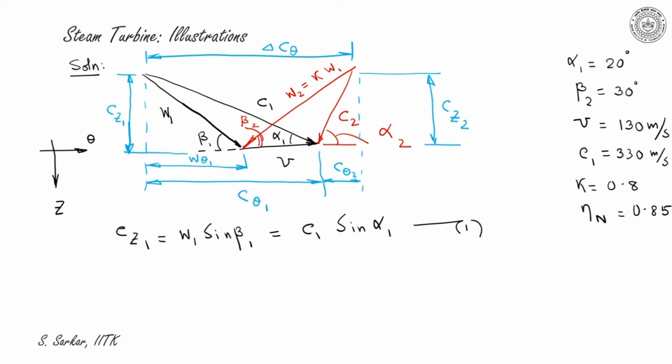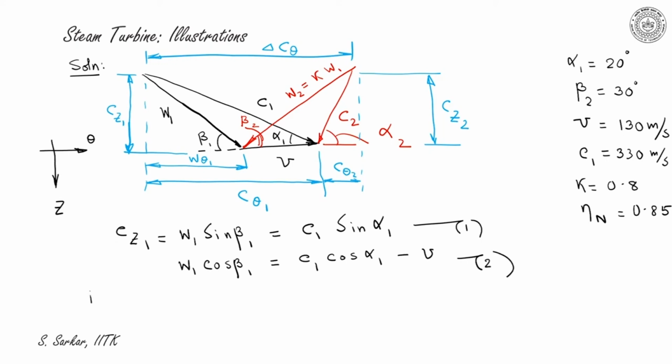Furthermore, I can write W theta 1 should be equal to C theta 1 minus U from the velocity triangle. So I can write W1 cos beta 1 should be equal to C1 cos alpha 1 minus U. So this is equation number 2.